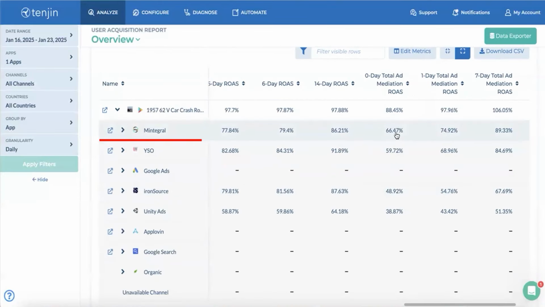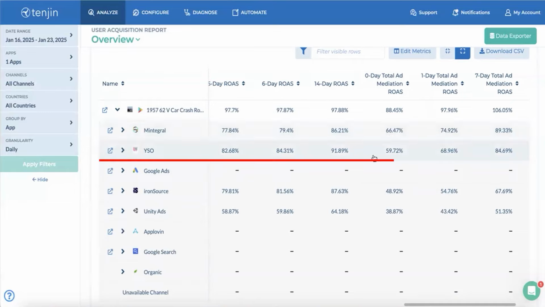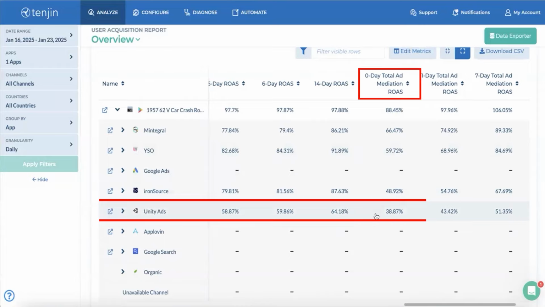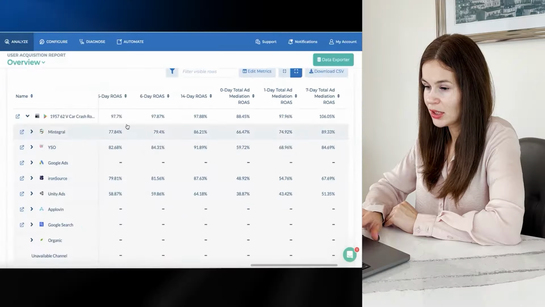Mintagrel is performing with a ROAS goal of approximately 66%. This means that all traffic and users coming from Mintagrel meet our target KPI. The Vaiso campaign is slightly falling short of our KPI. Iron Source and Unity are still in the learning phase, so the traffic is not yet meeting the KPI.